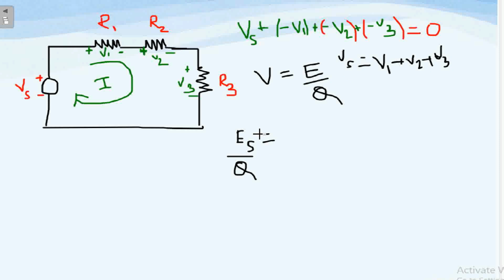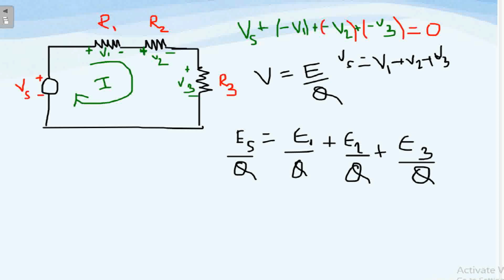So here in the place of Vs we can write Es by Q, and this is E1 by Q, this is E2 by Q, and E3 by Q. On the LHS and RHS, Q is common, so you can eliminate that Q. By eliminating Q, you will get Es equal to the source energy, equal to the sum of the drops, E1 plus E2 plus E3.